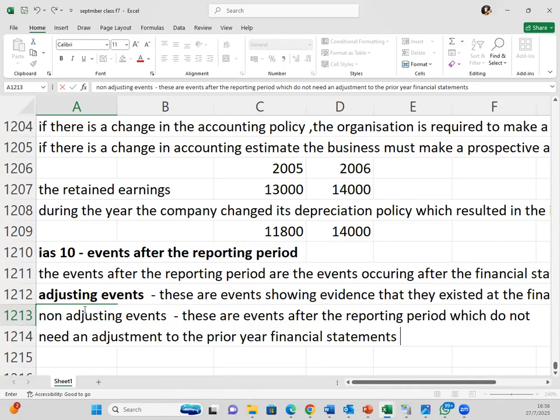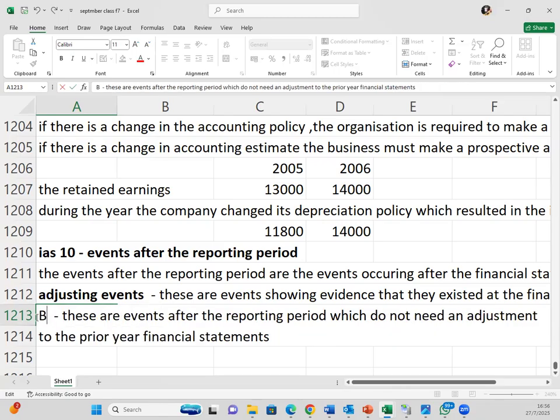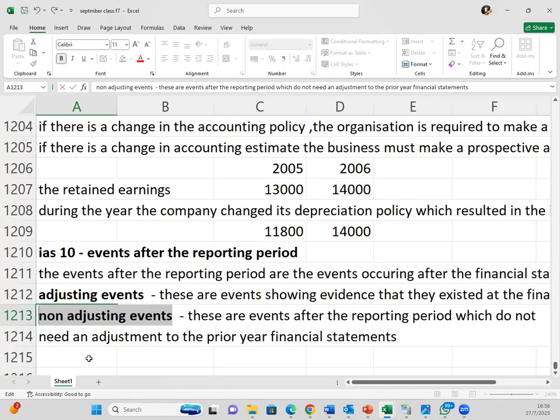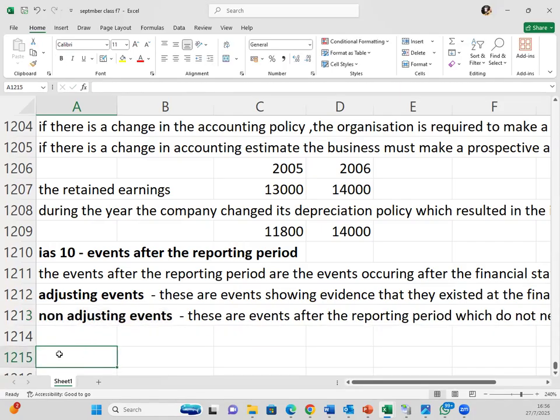So from this, I think we can actually put number one of our adjusting events as being a change in accounting policy, because we've said if we change the policy, we have to adjust the prior financial statement.